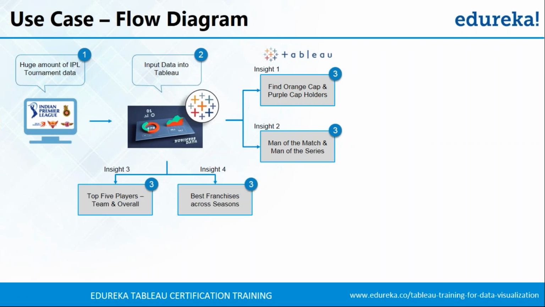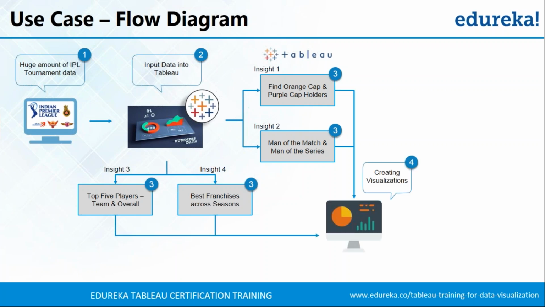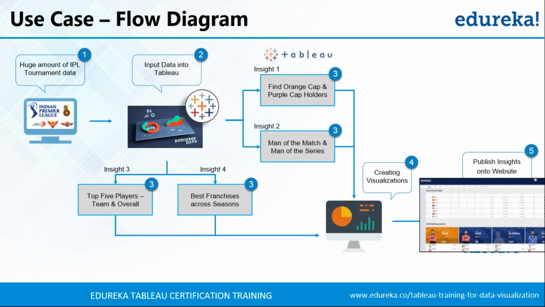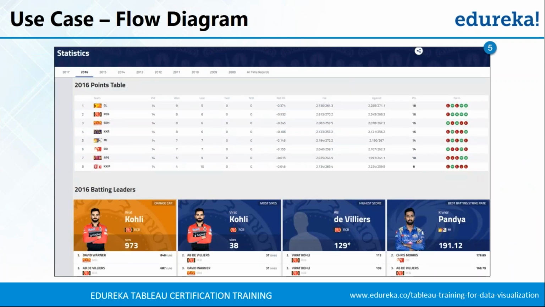We'll find out which was the team that has performed the best. And we'll be getting onto these insights by creating visualizations for each of them. And then we'll publish these insights onto the website. So you can see this is what the official IPL website looks like. It has got the batting leaders' names and what is the scorecard for each of the team.